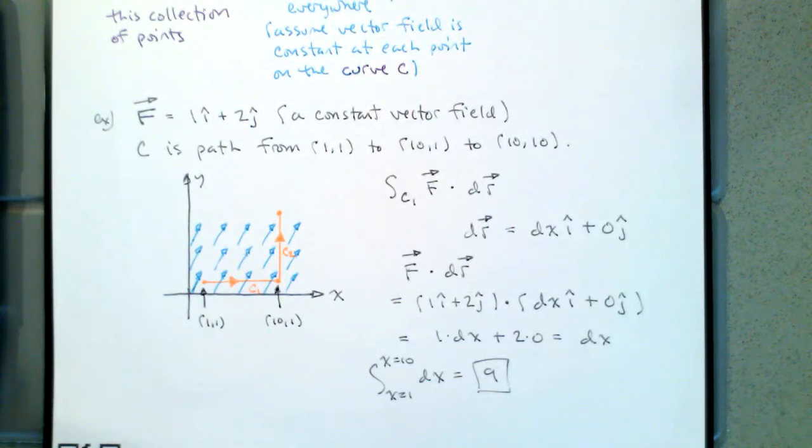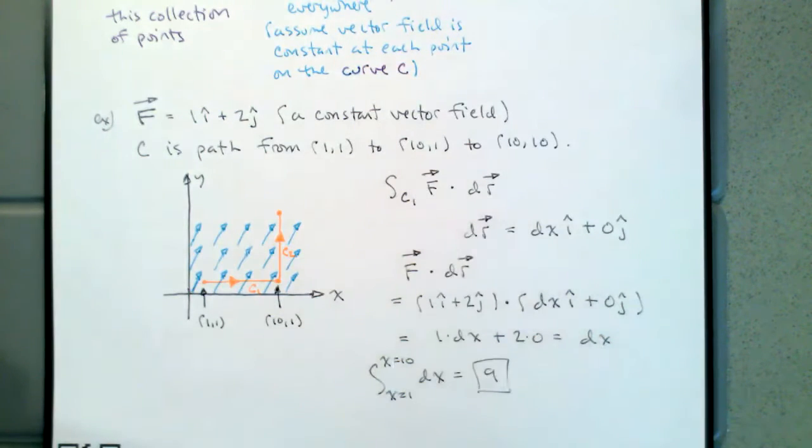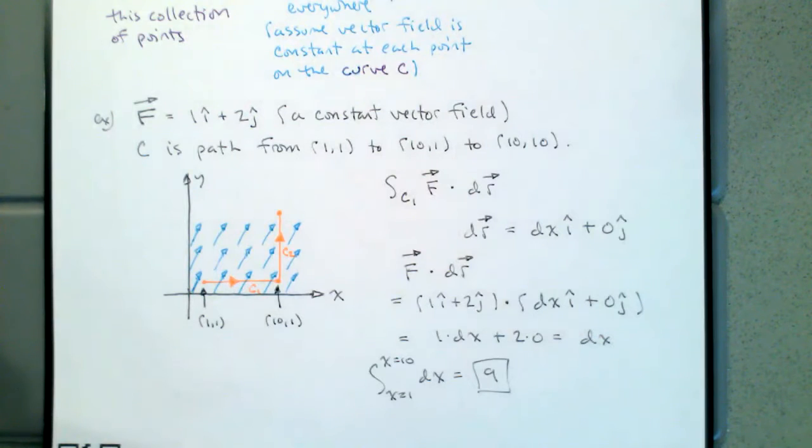This raises an important question. What does this scalar value 9 mean in the context of this problem? That's a tricky question because I did not put any context on this problem whatsoever. But what this scalar would represent is, just like with regular integration, whatever this dot product happens to represent.